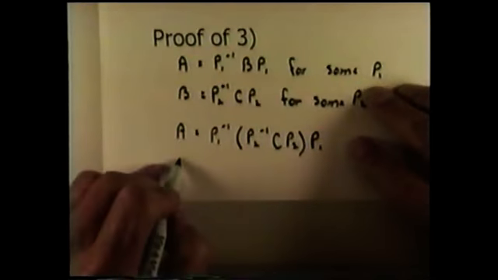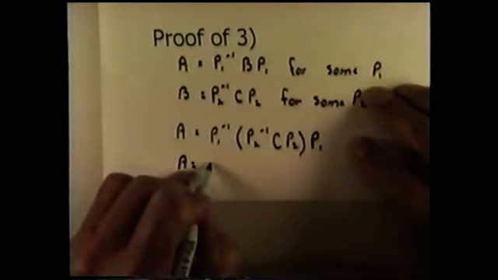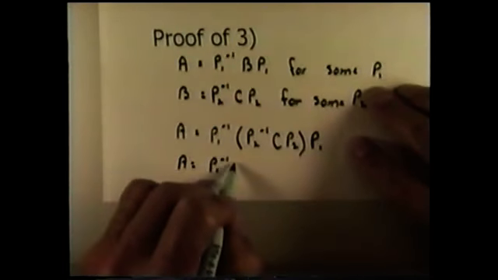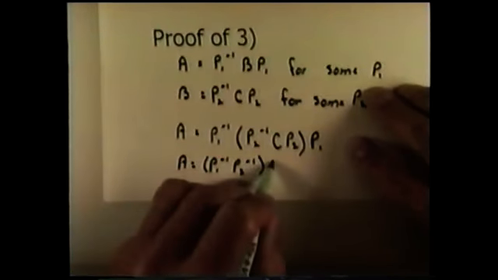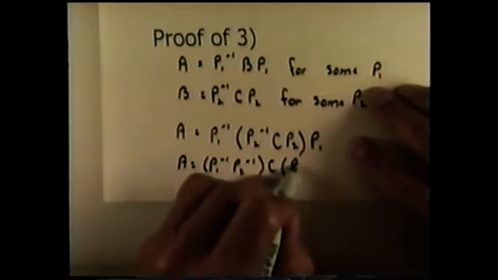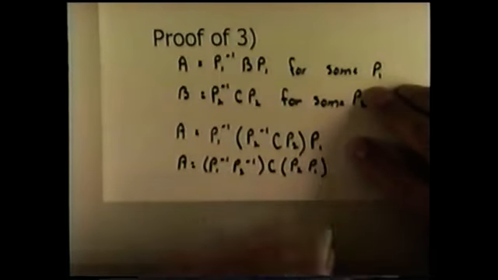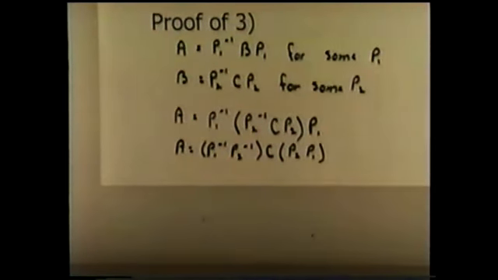Now, by the associative property of matrix multiplication, I can write A is P1 inverse, P2 inverse, times C times P2, P1.